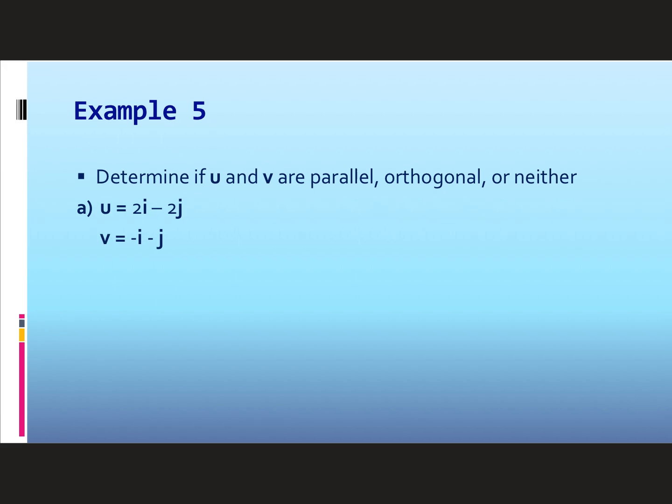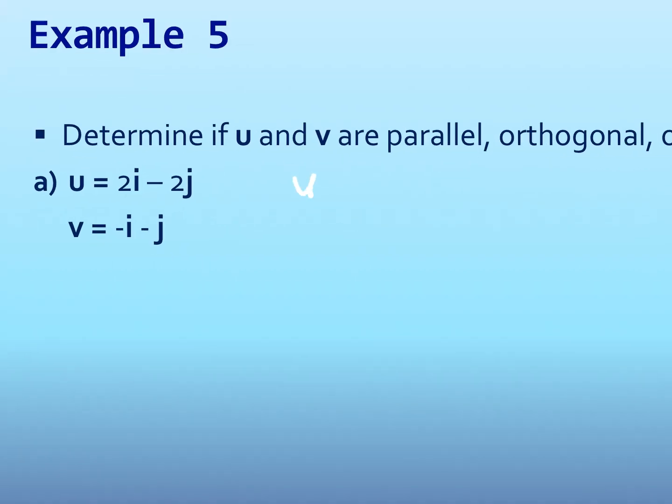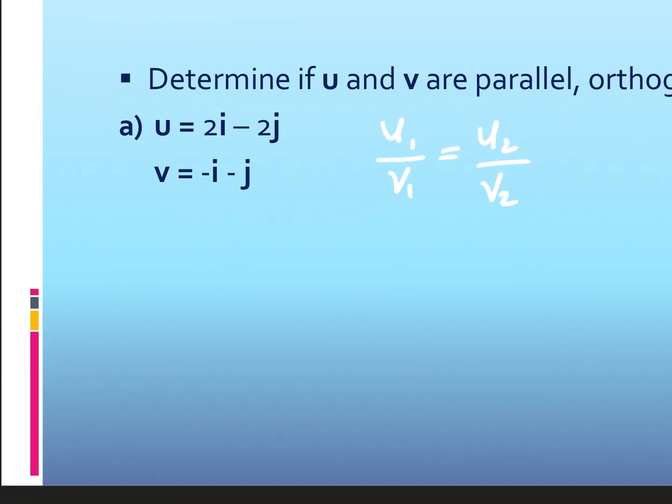So let's think about this. It's u1 over v1 equals u2 over v2. First with first, second with second. First of all, I don't like when my vectors are written with i's and j's. So how can I rewrite this? My u is 2, comma, -2, correct? And what's my v? -1, comma, -1. Agreed?